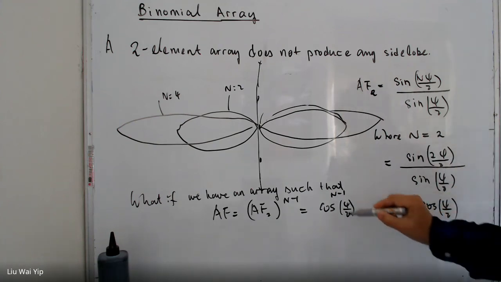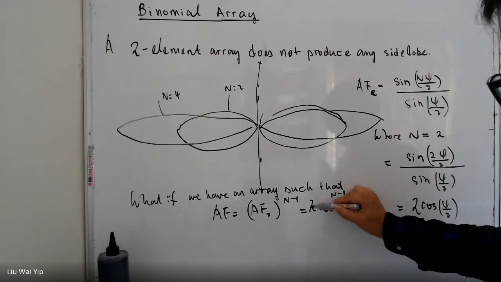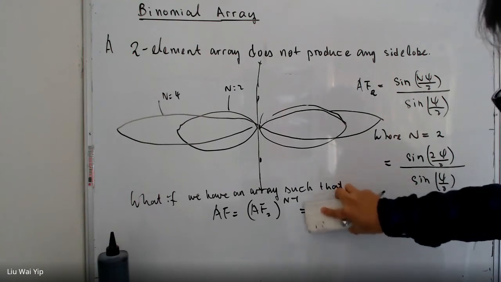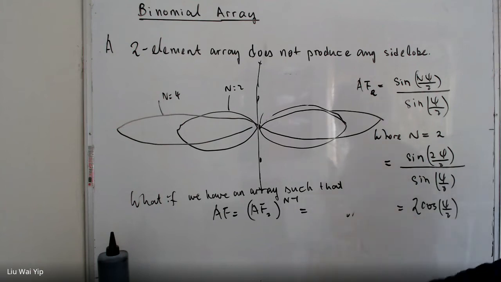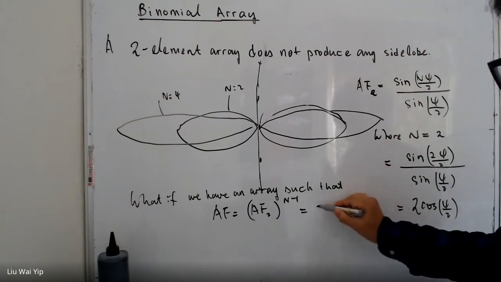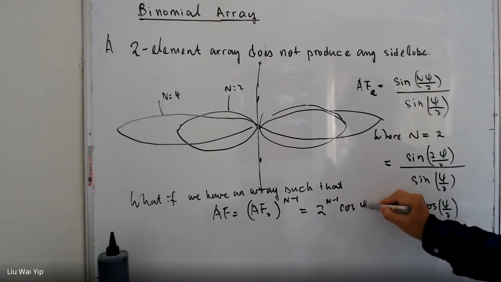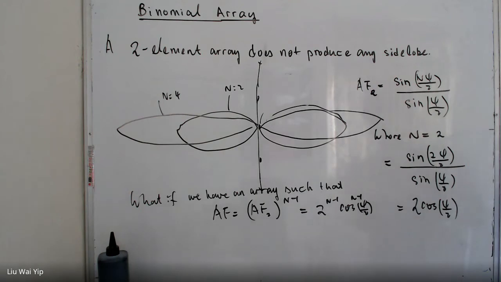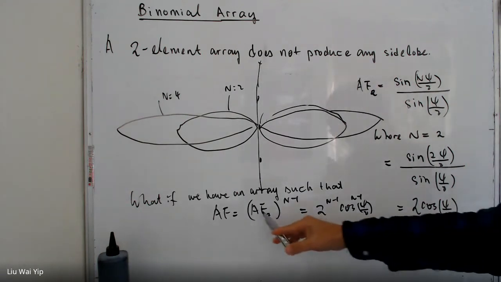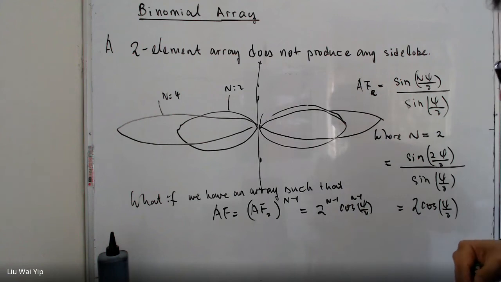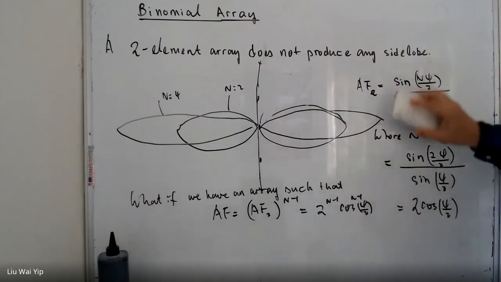We have 2 to the n minus 1, and then cos of psi over 2 to the n minus 1. So you may wonder, what does it really look like in an actual array? So I'm going to show you.